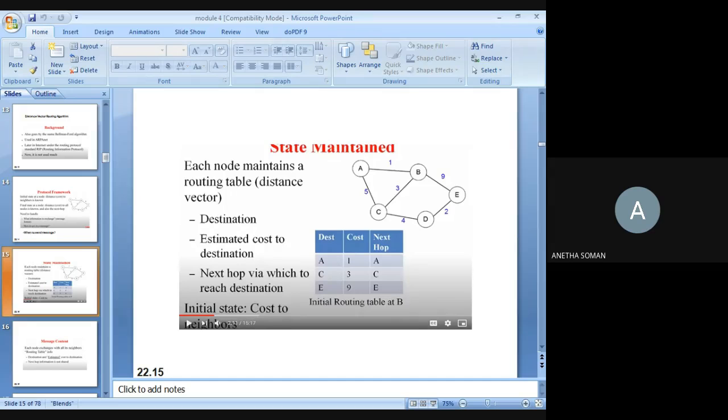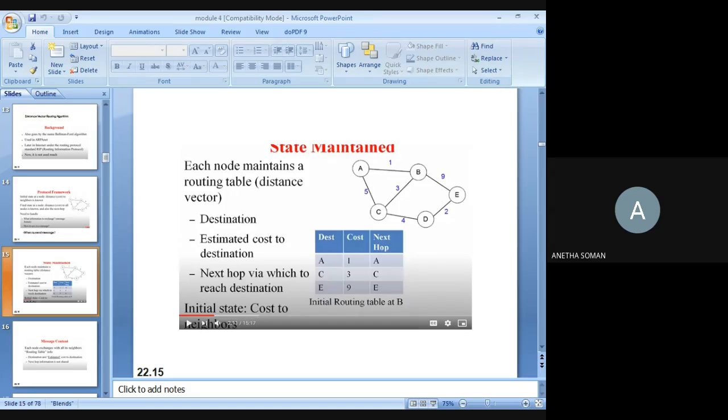The first field is the destination. The second field is the estimated cost to the destination. Estimated cost means for the time being, what is the cost? But as the algorithm proceeds, the estimated cost will become the final cost.